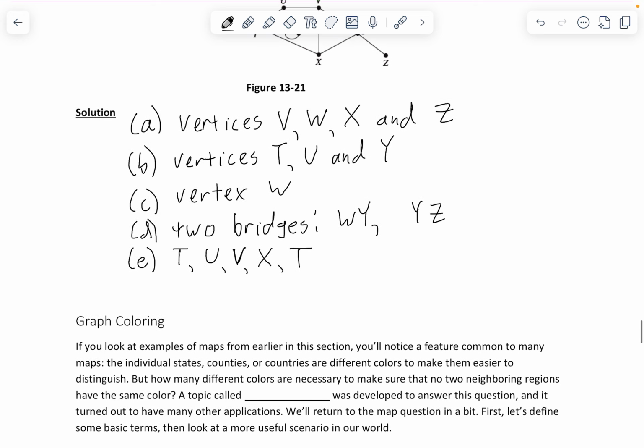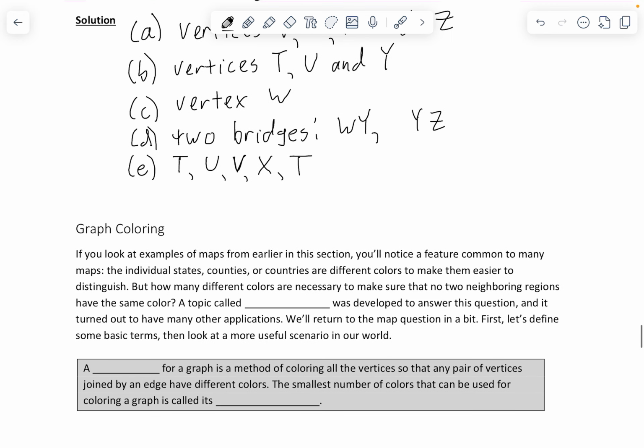All right, let's go on to our final topic for this section here, graph coloring. If you look at examples of maps from earlier in this section, you'll notice a feature common to many maps. The individual states, counties, or countries are different colors to make them easier to distinguish. But how many different colors are necessary to make sure that no two neighboring regions have the same color?